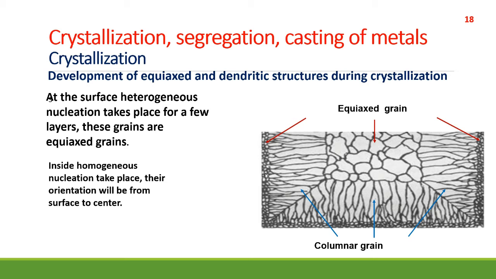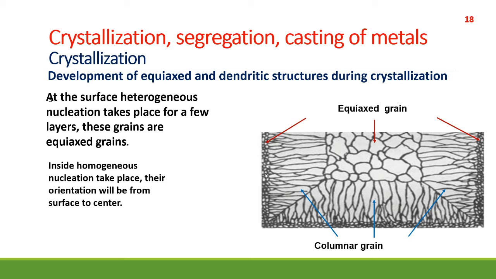And one more thing I want to tell you is that the meaning of equiaxed grain is that this grain has approximately equal dimensions in all directions. So they are called equiaxed grains. And this process of pouring a liquid metal into a mold to give an impression is called casting of metals.